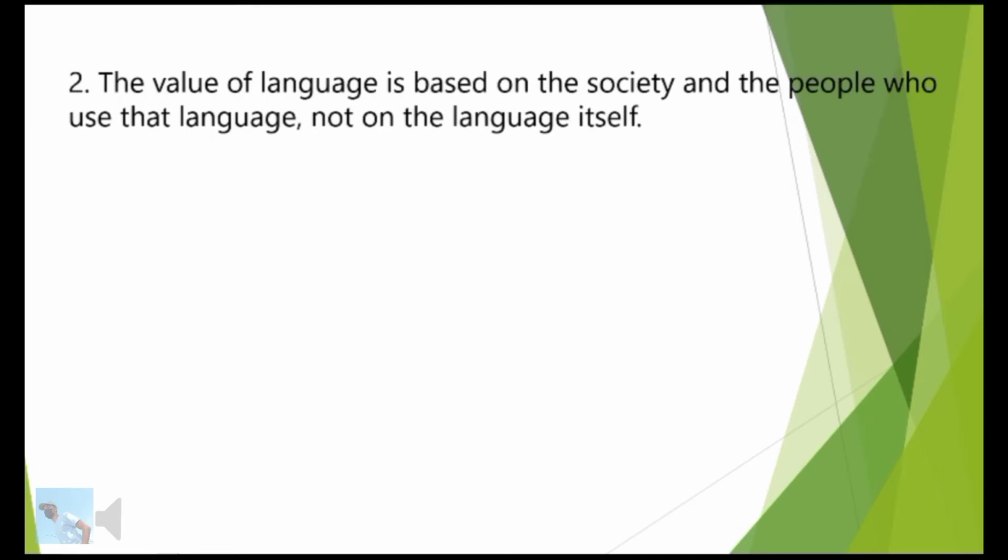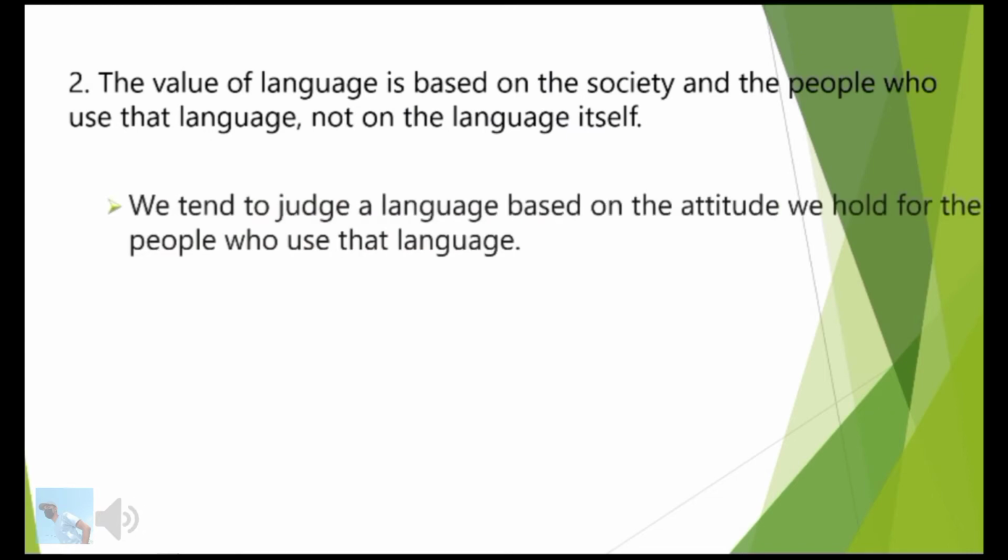The second reason why we need to study language in relation to society is due to the fact that the value of language is based on the society and the people who use that language, not on the language itself. What does that mean? We tend to judge a language based on the attitude we hold for the people who use that language.